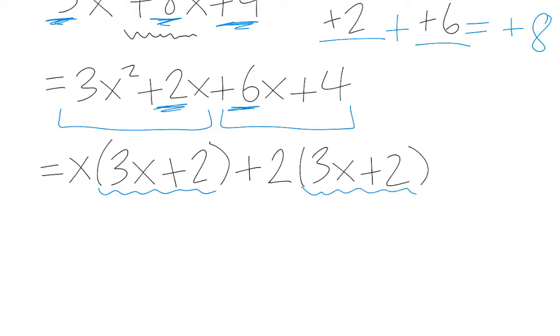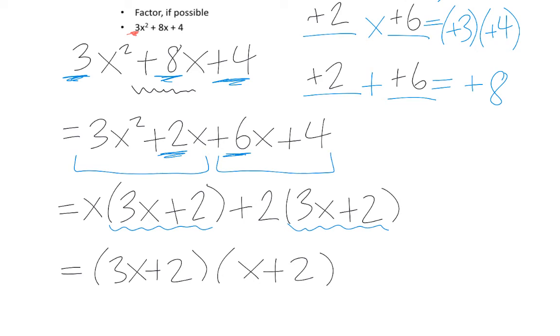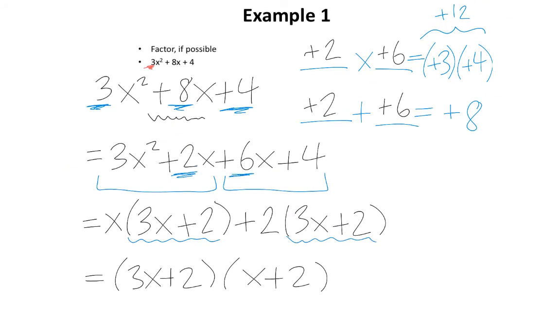And that is the binomial you should be able to factor out. Therefore, I'm going to write bracket 3x plus 2 and x plus 2 in brackets. Therefore, if you want to factor this quadratic expression, the answer would be 3x plus 2 multiplied by x plus 2.